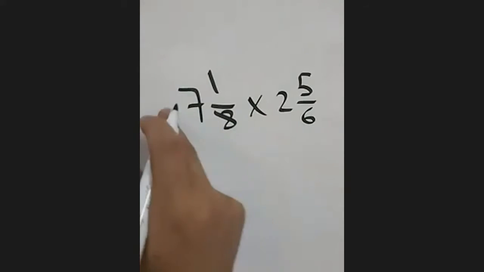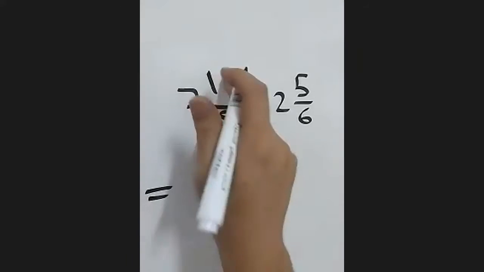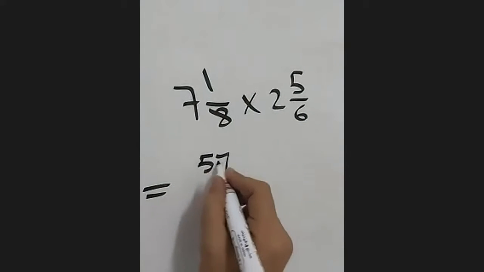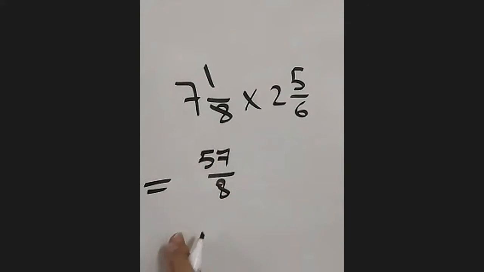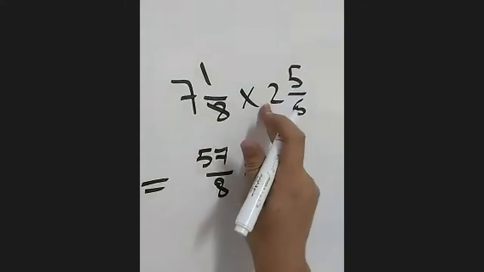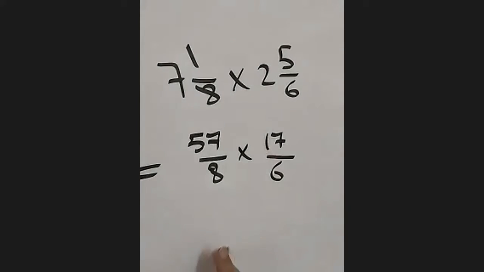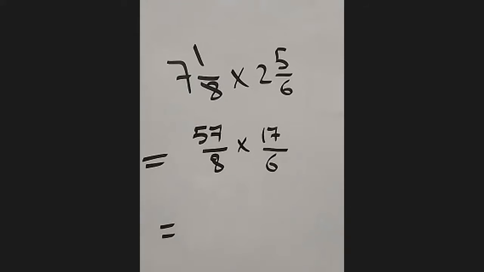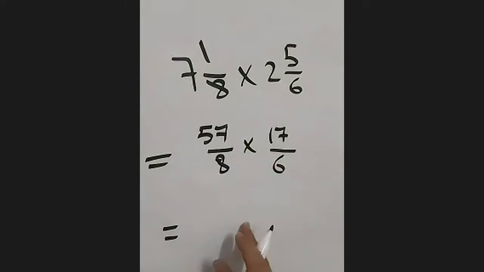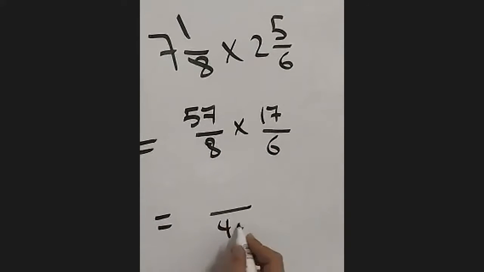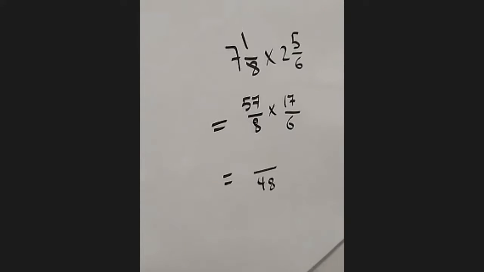We know that 8 by 7, 56 plus 1, 57 over 8, right? Correct. 6 by 2, 12 plus 5, 17 over 6, right? Correct. Now we multiply up and multiply down. Down will be 48 and up let's multiply.